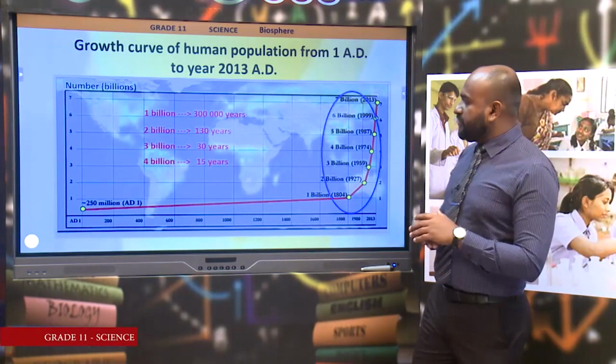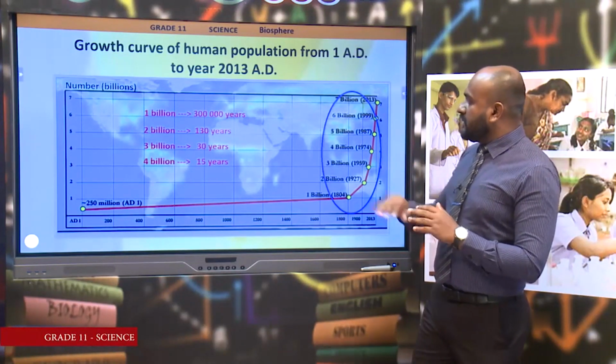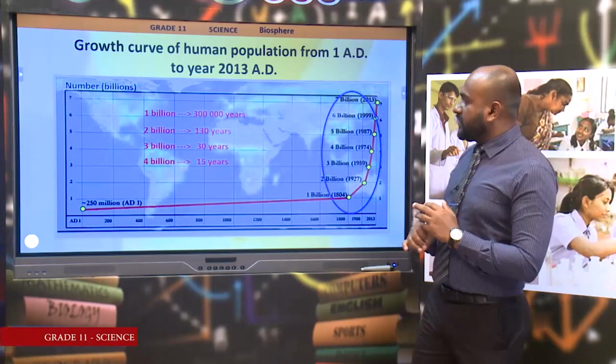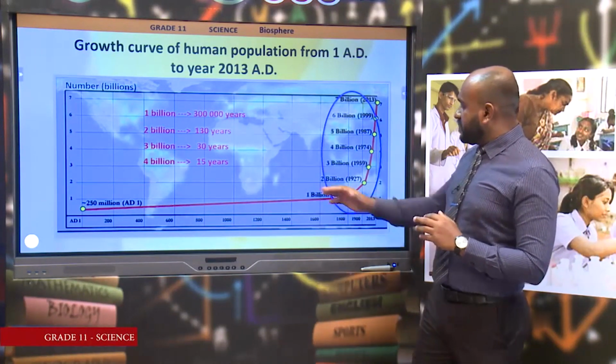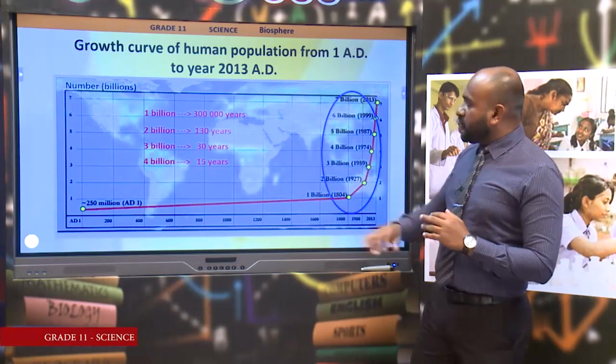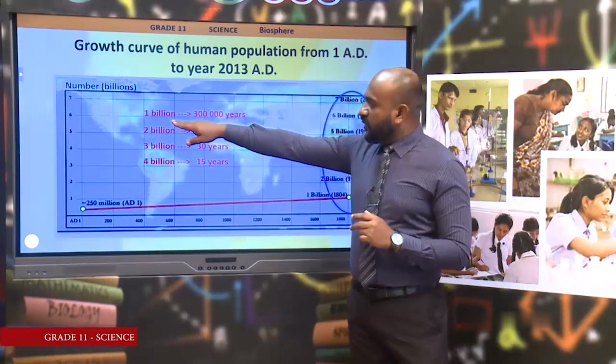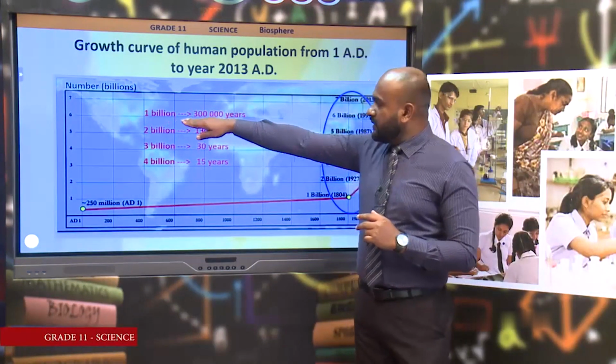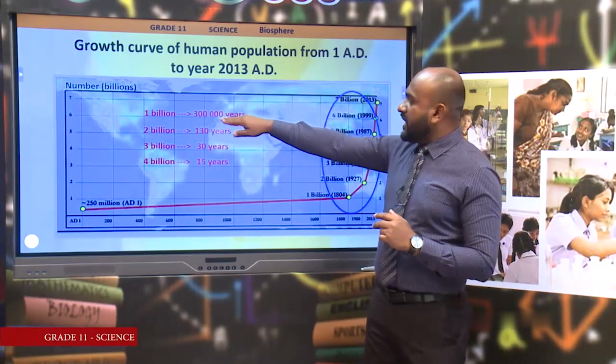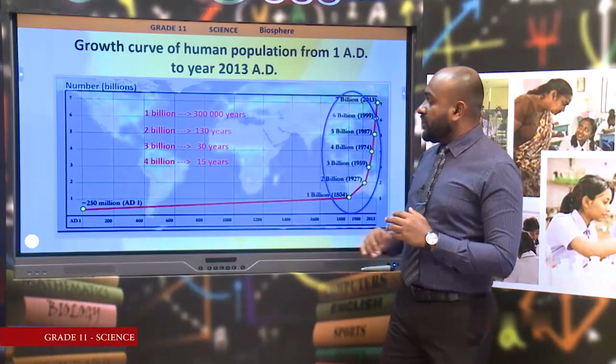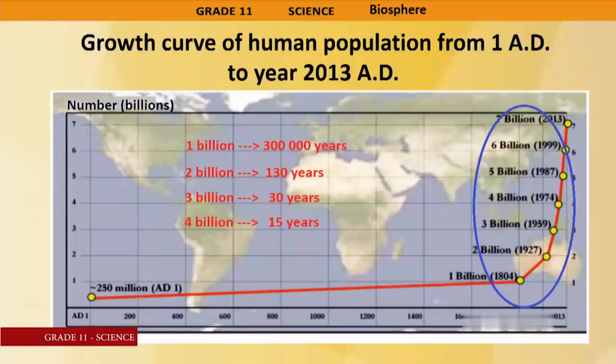Here also you can see how the population of humans has increased with time. For the human population to become 1 billion, it took 300,000 years, but it became 2 billion in 130 years, 3 billion in 30 years, and 4 billion in 15 years.